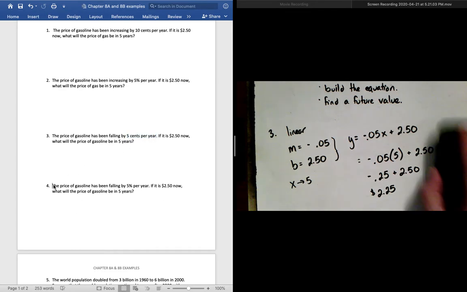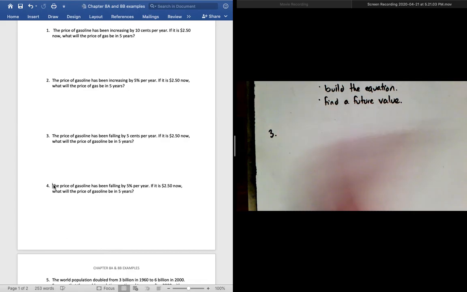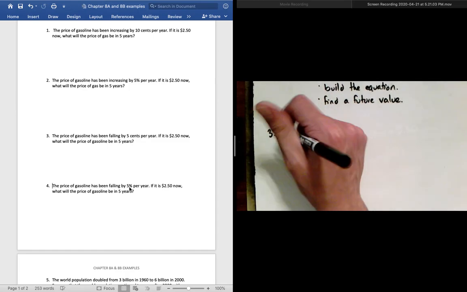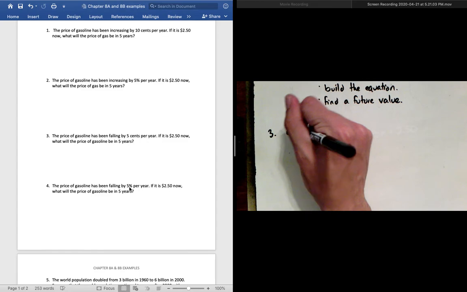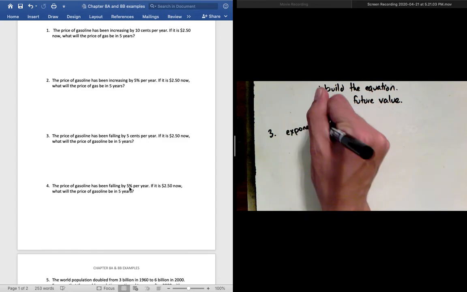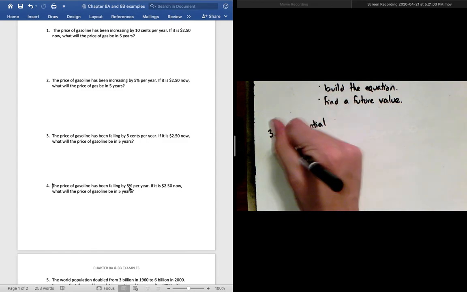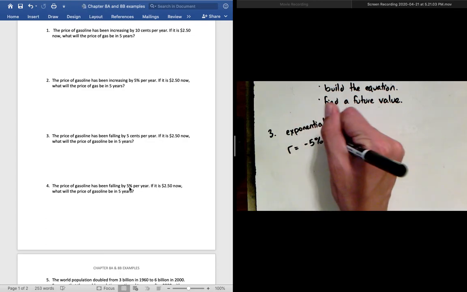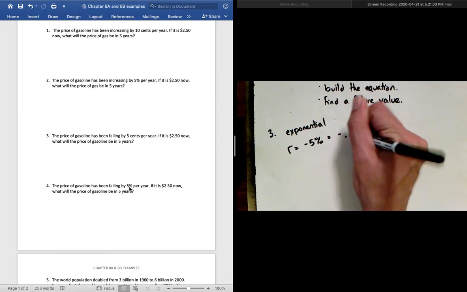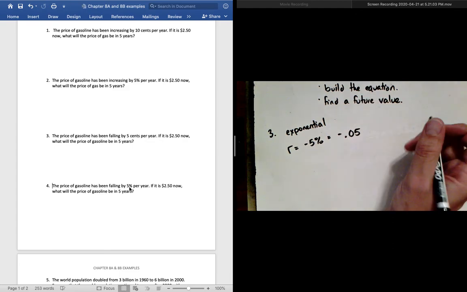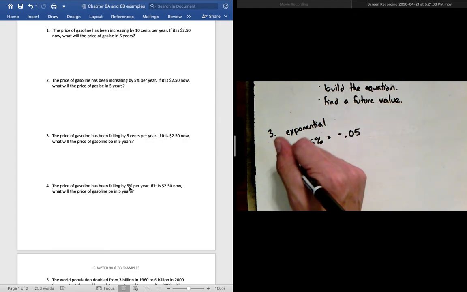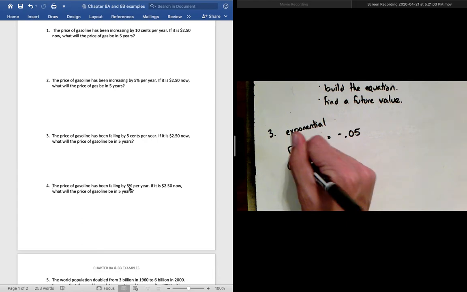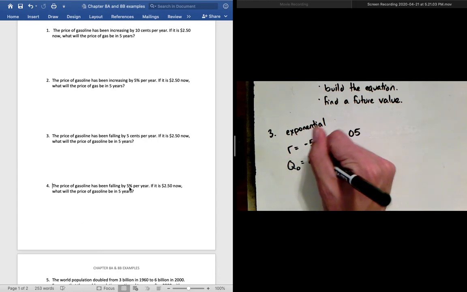Lastly, example 4 says the price of gas has been falling by 5% per year. Again, a percent change tells us we're looking at exponential. Because it's falling, our R value will be negative 5%, which is negative 0.05. The starting value Q naught is still $2.50.